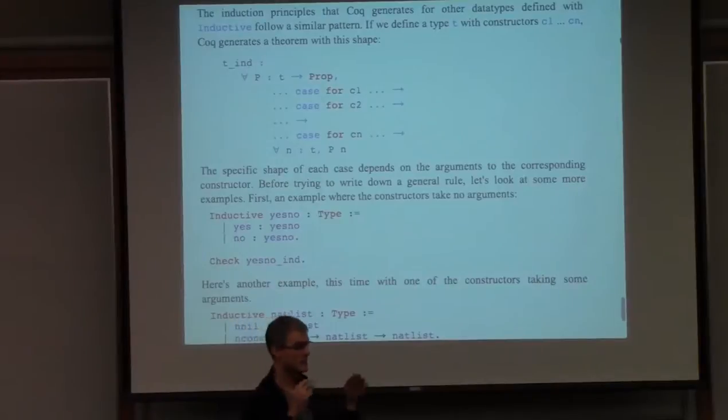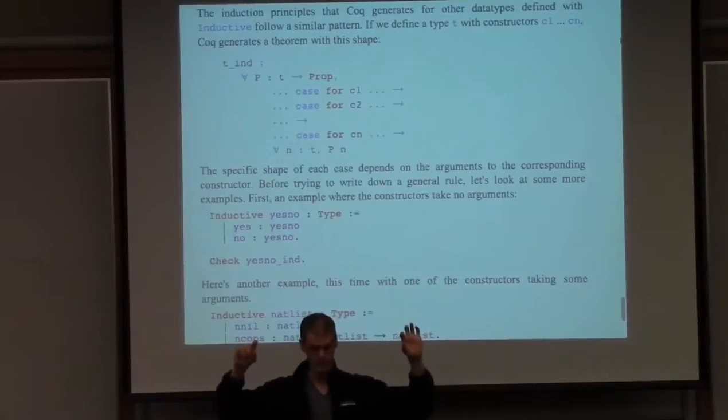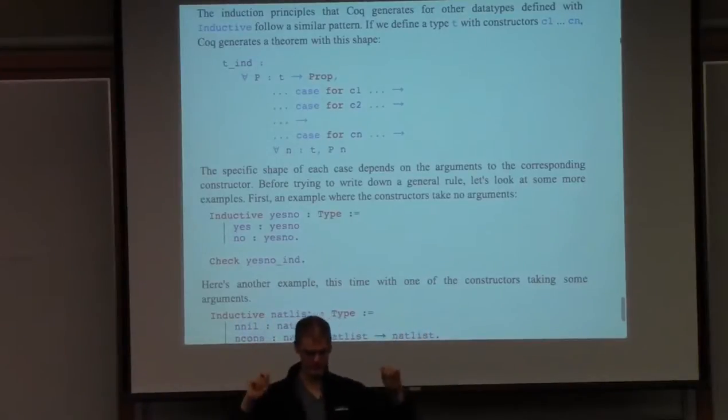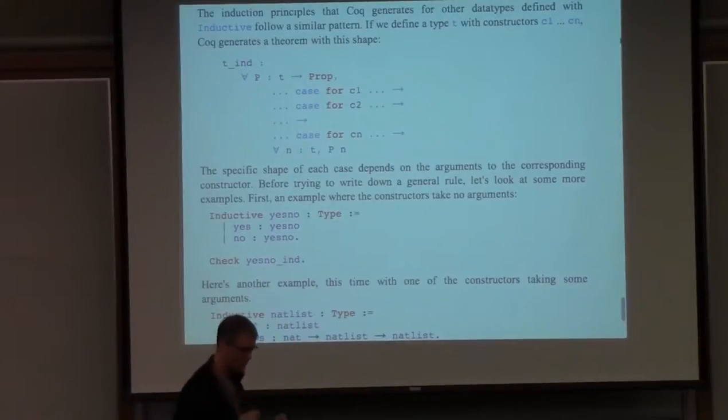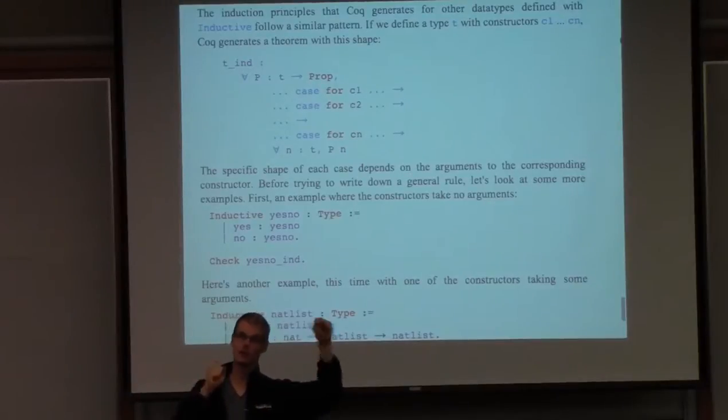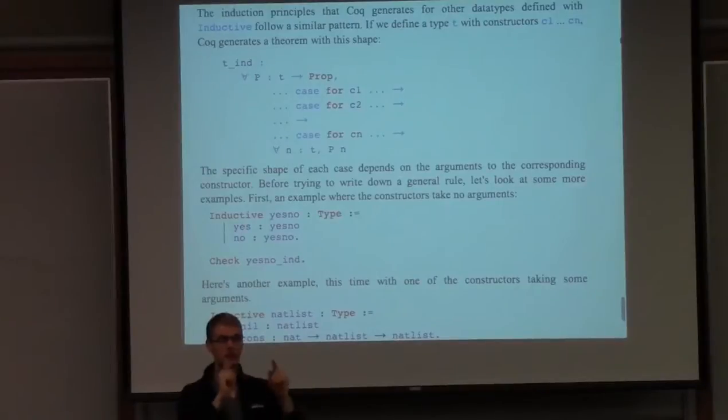So the clause, the row in that type for the cons constructor will be of the form, suppose I give you a number and a list, and a proof that your property holds of that list.